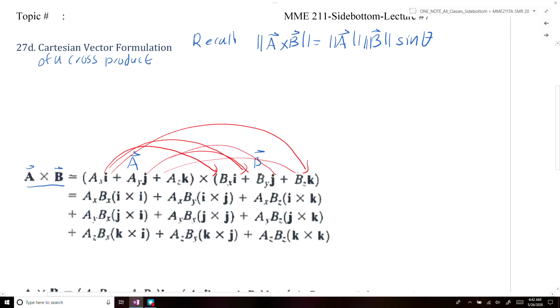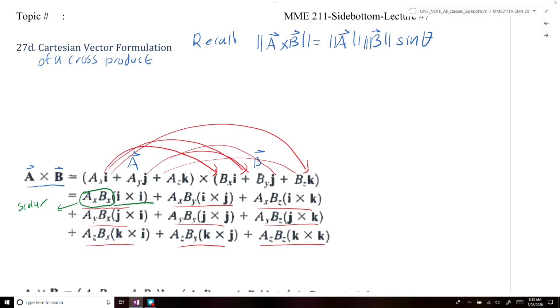When we do that, what we end up getting is these 9 individual values, where we have a scalar coefficient, and then we have a vector cross product between our unit vectors i, j, and k.